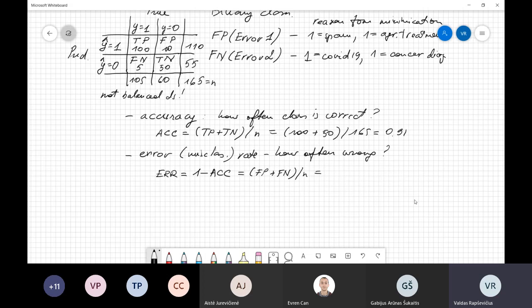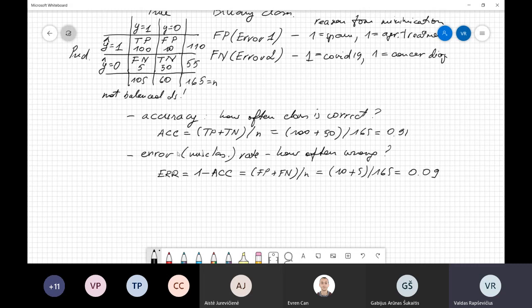So it equals 10 plus 5 divided by 165. It is easier actually as 1 minus 0.91, and it is equal to 0.09. So in 9% of all the cases when we try to classify, we get errors. This is the error rate.